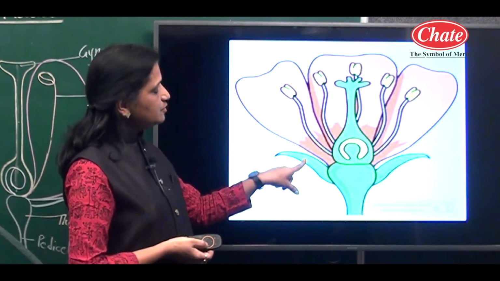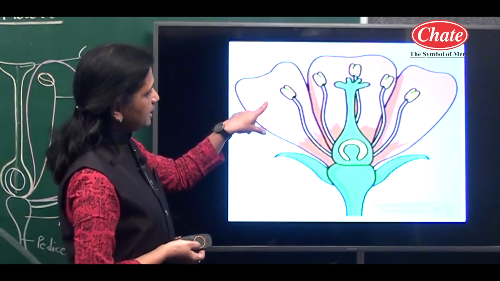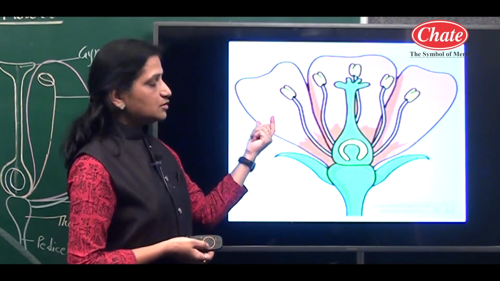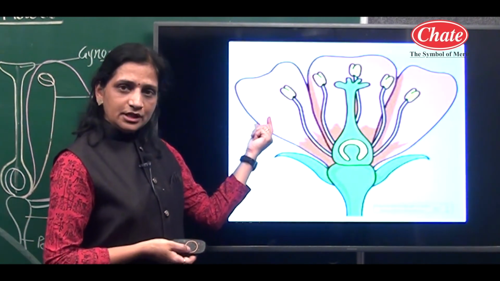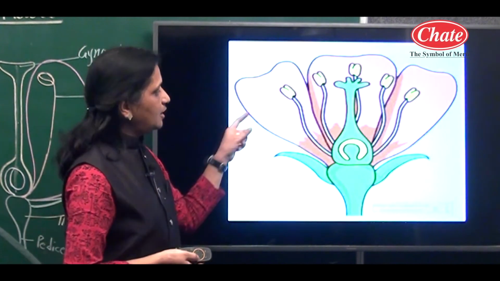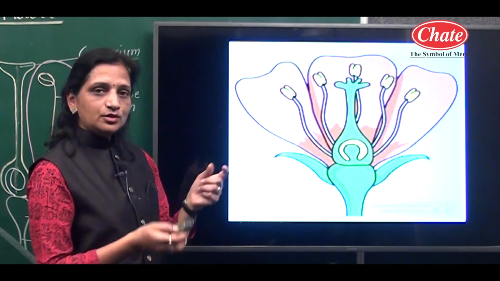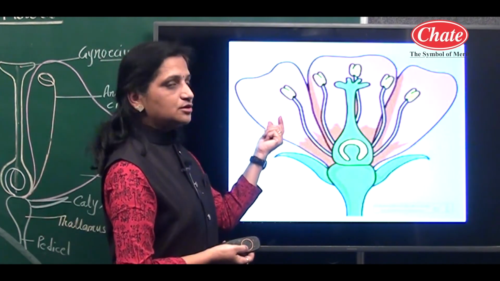Then the next whorl of the flower is this beautiful colored part, which is called corolla. The single unit of the corolla is known as petal. Petal is the unit and the whole circle is known as corolla.